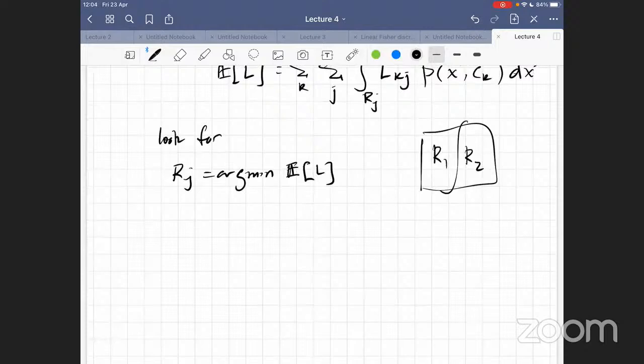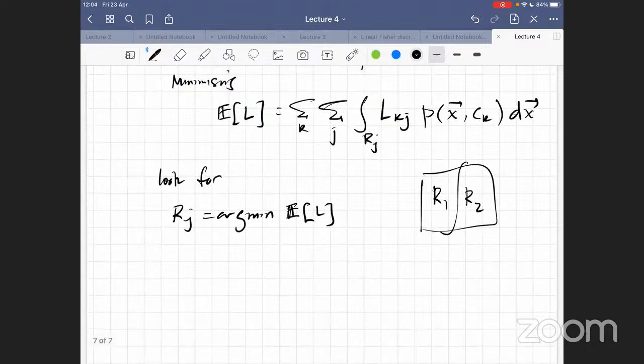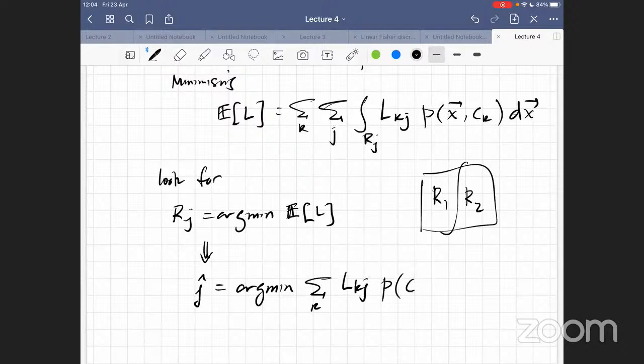And then if you do this by doing the above, you end up concluding that the best region here is the one that minimizes the following object. Okay.